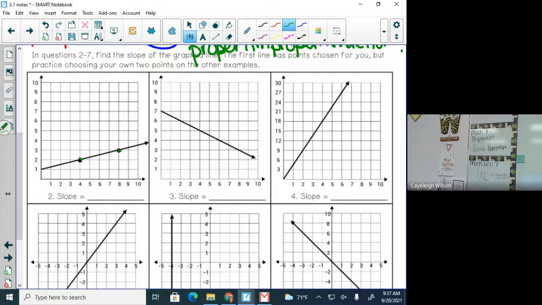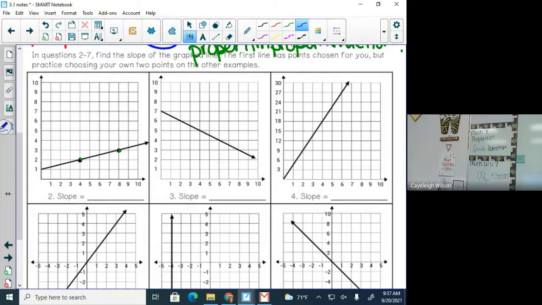I'm going to count my rise over run to get from this point to this point. Before I start, what kind of slope do you think this problem is going to end up with? A positive, a negative, a 0, or an undefined? Positive, because it's going up from left to right. Does everybody agree?